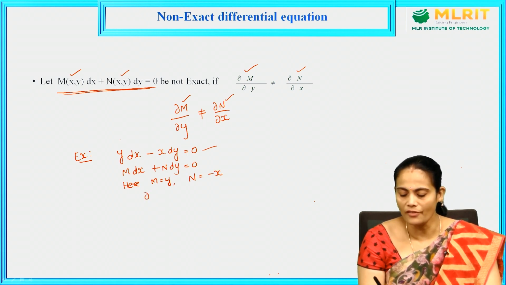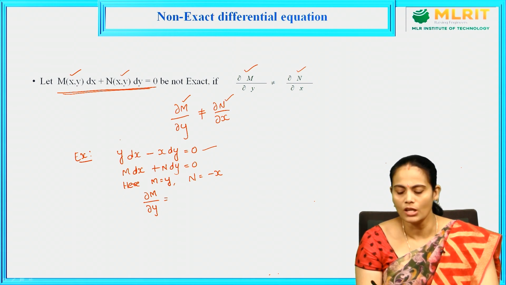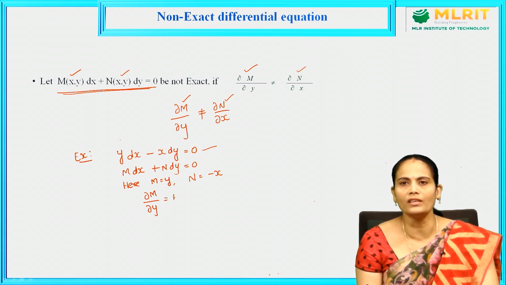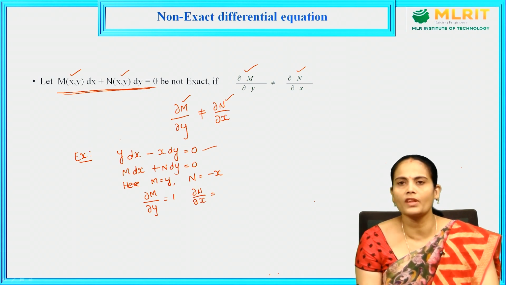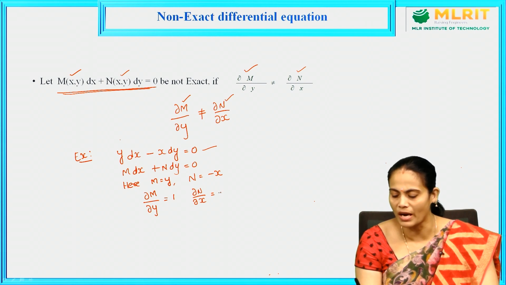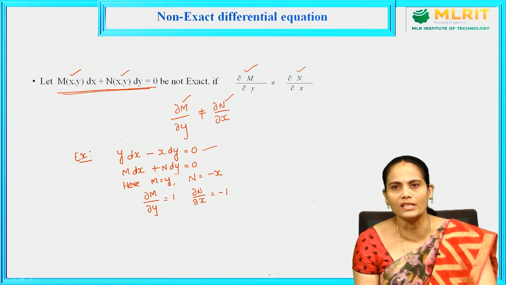And now we have to do the differentiations. Differentiating M with respect to y partially, dou M by dou y value is 1 since the derivative of y is 1. And dou N by dou x: differentiating N with respect to x partially, the derivative of x is 1, and since the minus is there before it, we get dou N by dou x value is minus 1.